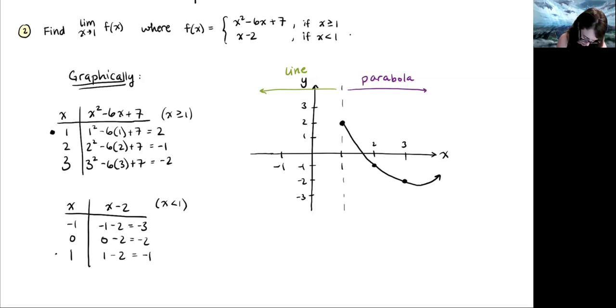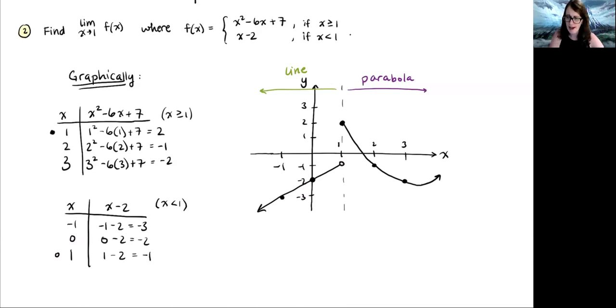Okay, and we're going to have an open circle when we actually get to x equals 1 on this part of the graph. All right, so -1, -3, so that's this point. 0, -2, that's this point. And then 1, -1, I'm just going to move my label up here. That's going to be an open circle right there. And there's the graph of that piece.